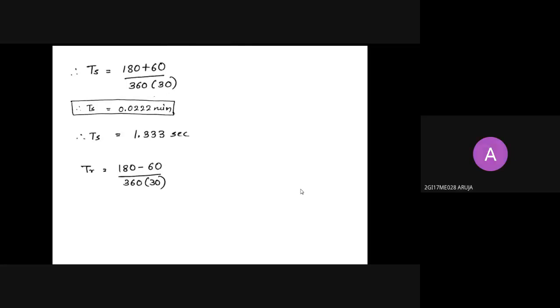Zero point zero one. So this is a simple example of Geneva wheel mechanism. This is a solved example from the textbook. I hope all have understood how to solve.